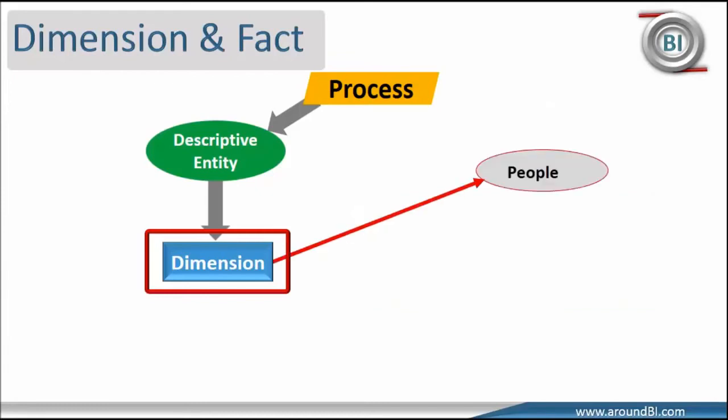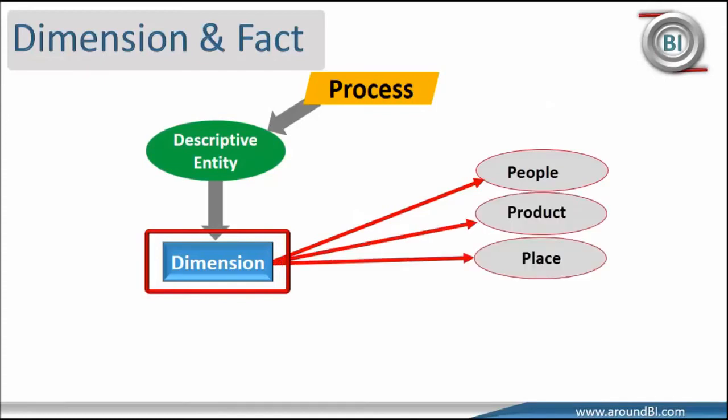Some common examples of dimensions are people, maybe customers, vendors, or in healthcare patients, providers or physicians, products or product group, place, that is geographical dimensions like country, region, market, state or city, or time dimension like year, quarter, month or date.